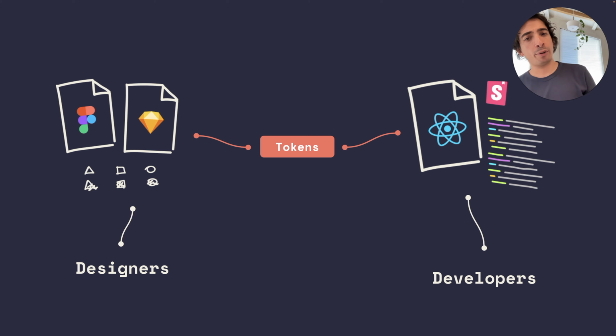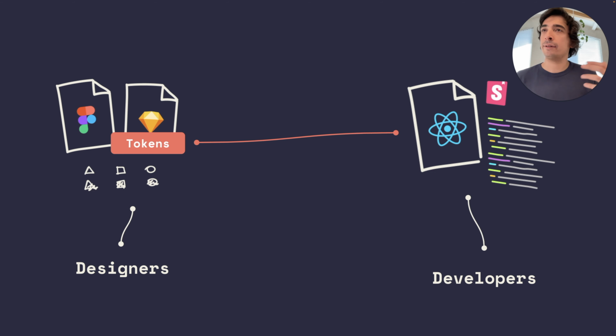So a common workaround to this is to use the design tool as your tokens. So this way, you don't really need to maintain your tokens separately. Your color styles, text styles, they would be your tokens. So at this point, you just need a way to fetch that data and convert those tokens into code.